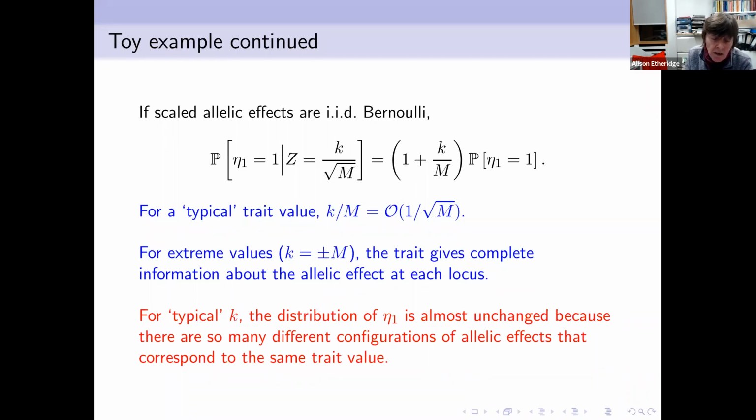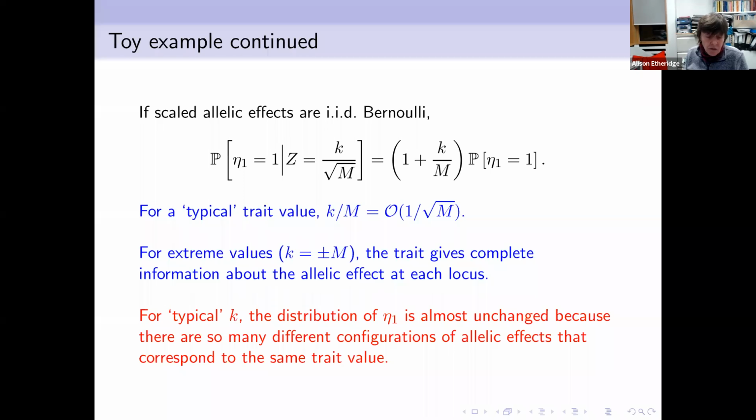So actually, I'm getting very, very little information about what's happening at locus 1 from knowing the trait value in the parent. Now, if you tell me the trait value is extreme, if you tell me the trait value is exactly m, then of course I automatically know that e to 1 is 1. But as long as you don't go too extreme on me, I don't get very much information.